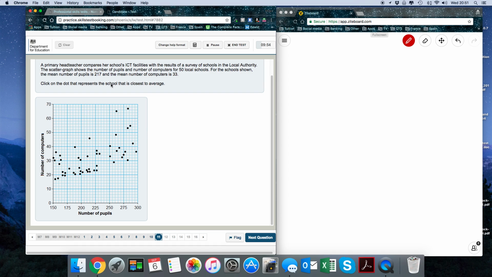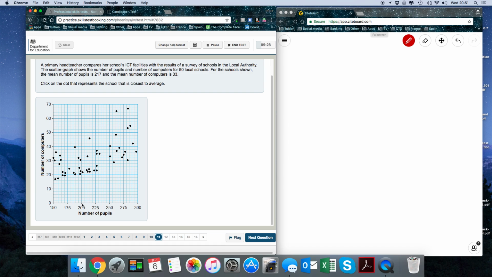If you read the question carefully, it tells you that the mean is 217, that's the number of pupils, 33 computers. And the question says click on the dot that represents the school that is closest to the average. Maybe there's a bit of confusion here in they use the word mean and then they use the word average. A mean is a type of average, so we're going to go to 217 on pupils.